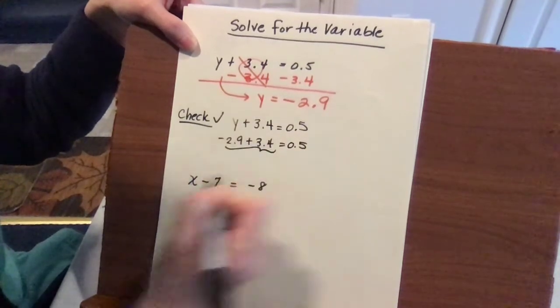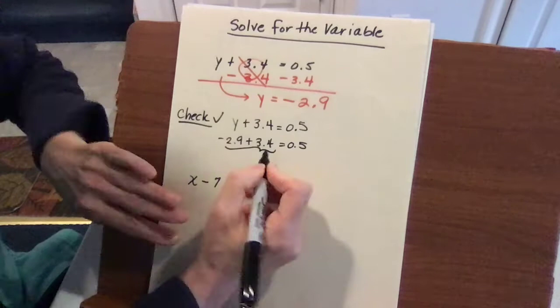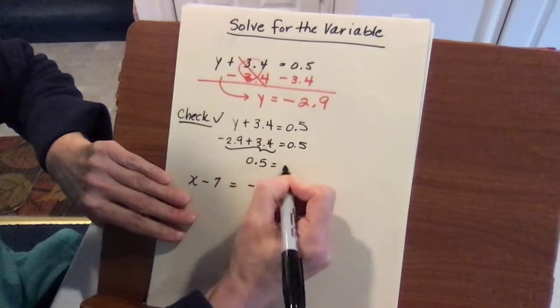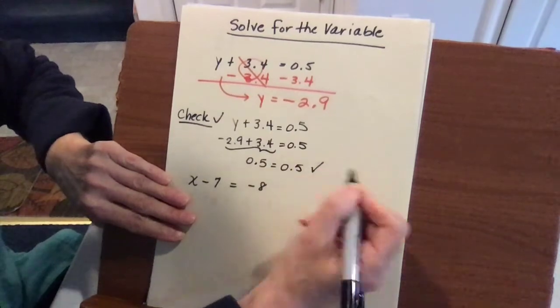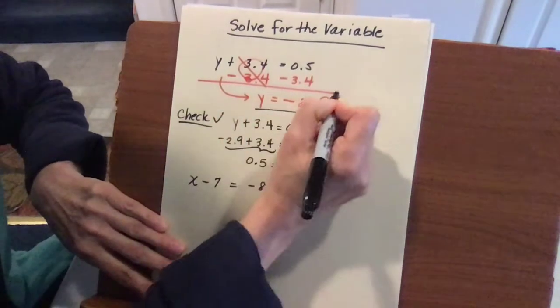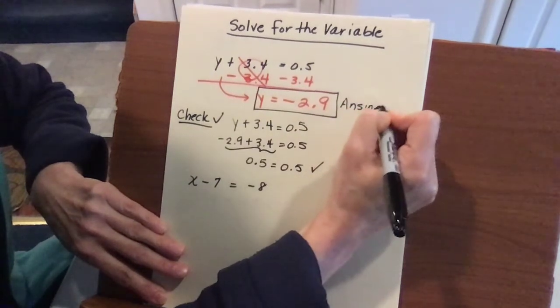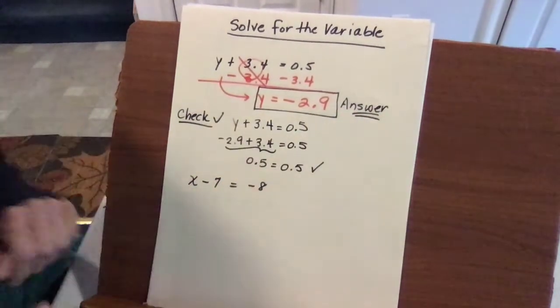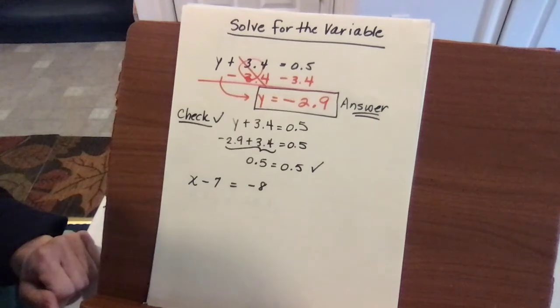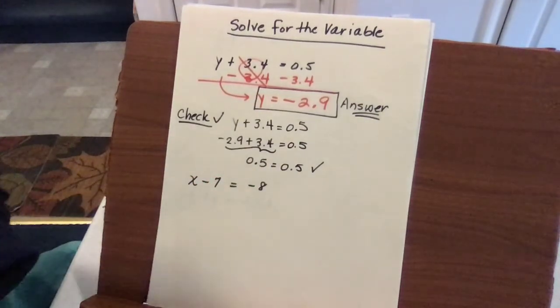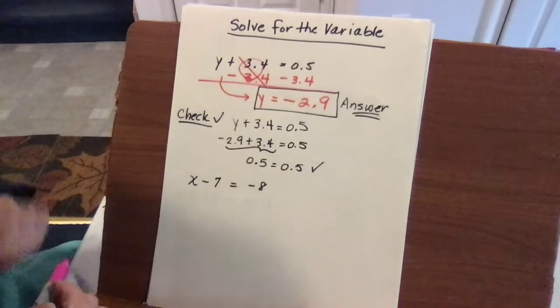You calculate the left-hand side, and this is 0.5, and it does equal 0.5, so it checks. So this is our final answer. You know it works because you have checked it, and when you substitute back in, it does keep the equation equal.